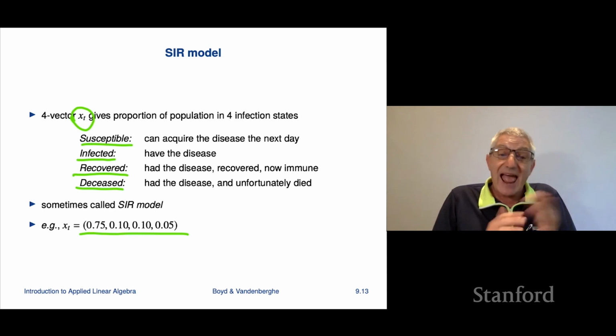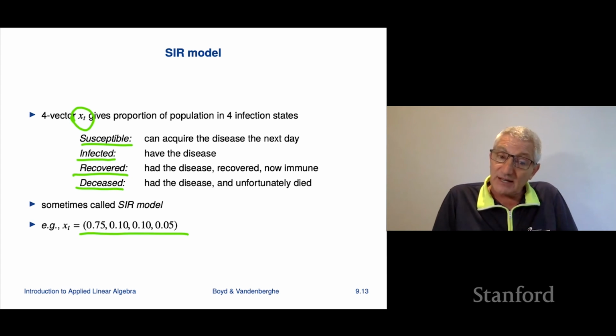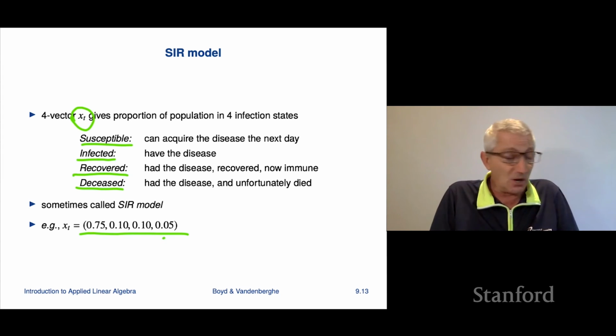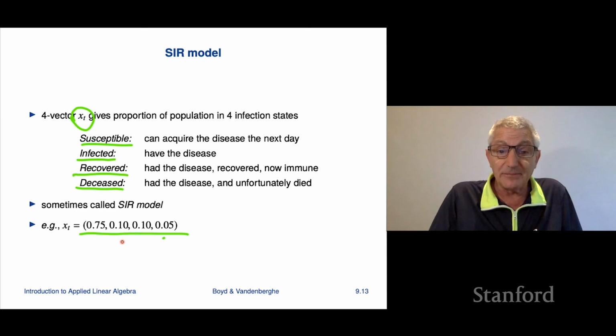Another 10% had the disease, have recovered, and are now immune. And very sadly, 5%, that's the 0.05 here, had the disease and are dead. They died. So this is what this vector means.